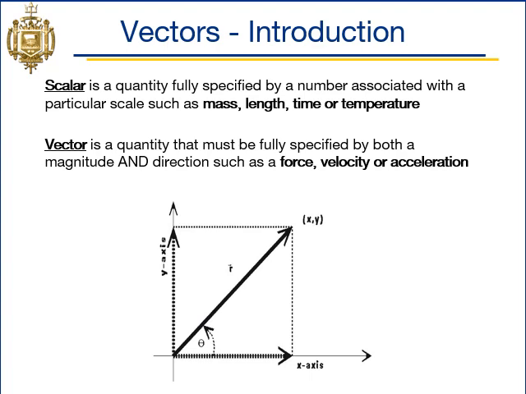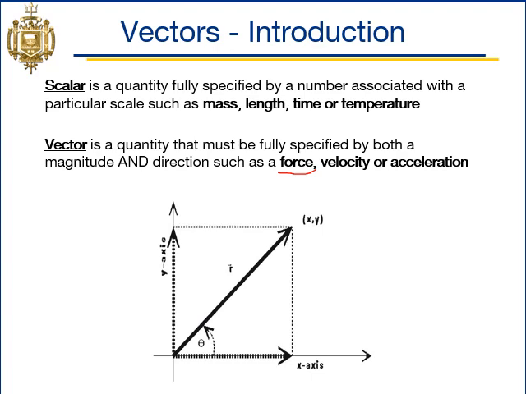For statics, we're going to be doing a lot of studies of forces, so we're going to have a lot of magnitudes and directions with our forces. We've got an example drawn here of a force vector.